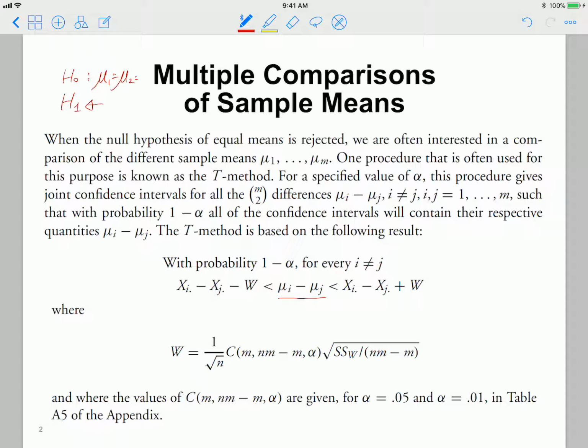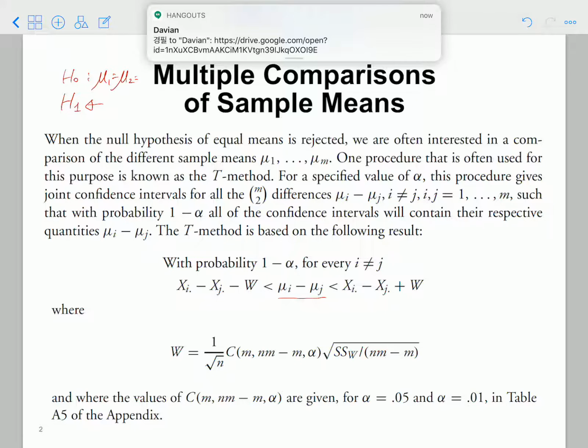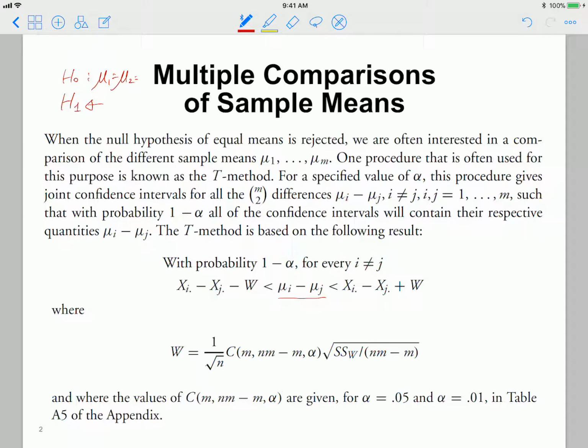But in this hypothesis testing, we didn't say anything about the potential differences or how much different these means are, right? So we didn't quantify any amount in terms of these differences between means.